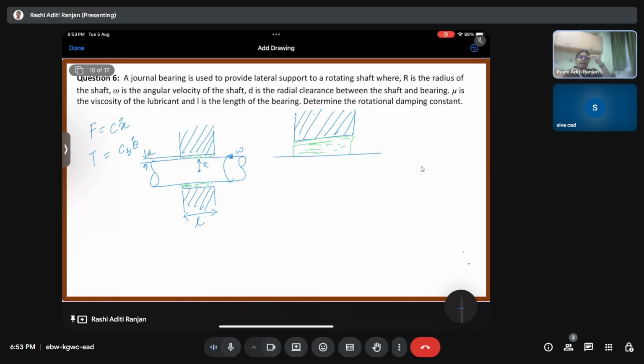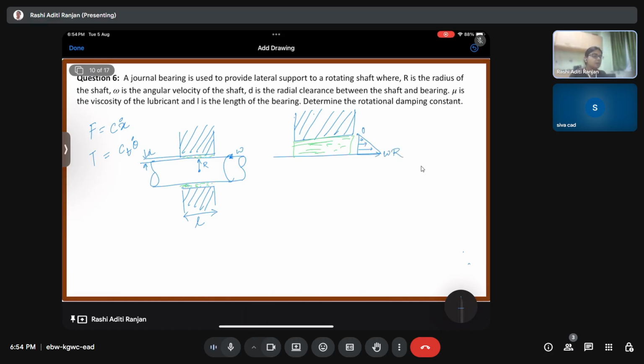The fluid layer that is near to the bearing is going to have zero velocity. And the fluid film which is near to the shaft is going to have a velocity of R omega, the linear velocity. So how is the variation of velocity? It is something like this. Here it is zero, here it is omega R. Should be capital R.